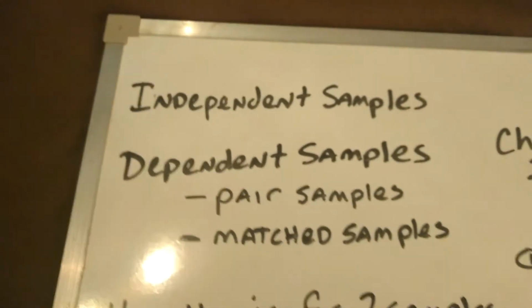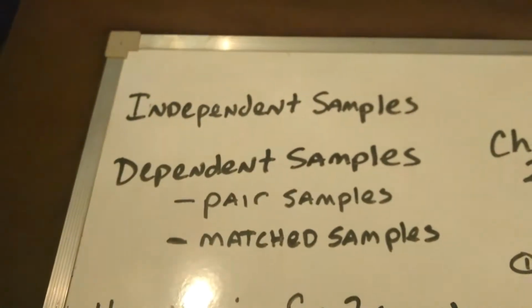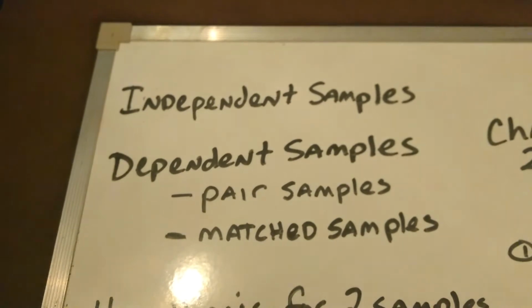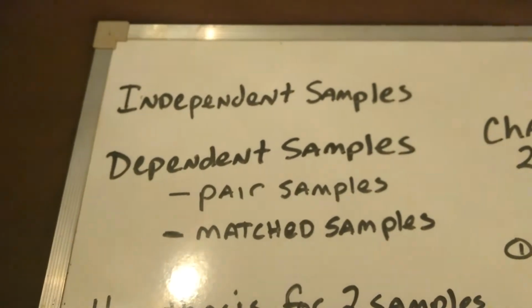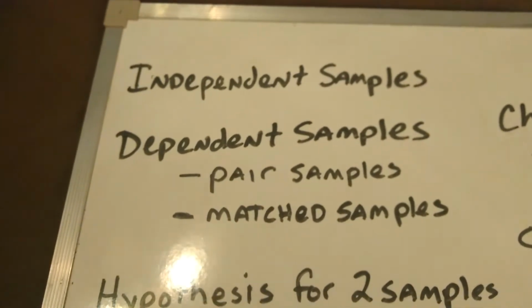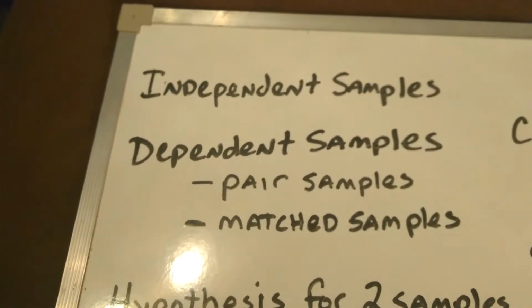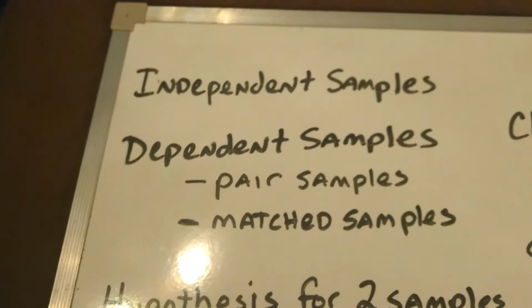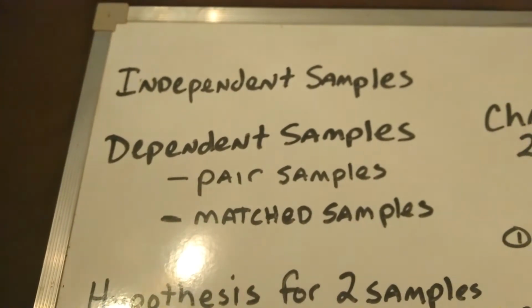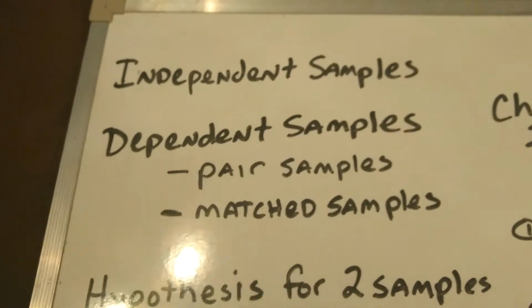A couple of concepts we need to make sure you understand: in two-sample testing, you have two different types. You have independent samples, meaning one sample does not depend on another sample for its results, and then you have dependent samples.